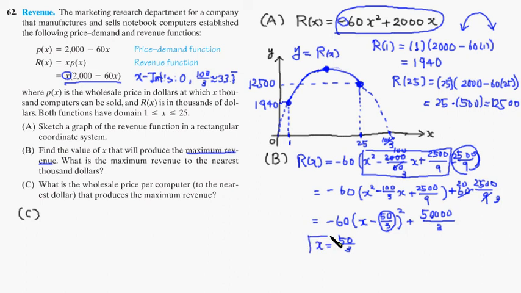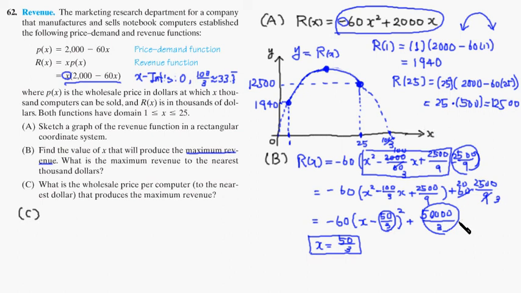Right? And the second part of part B is, what is the maximum revenue? So the maximum revenue would be this guy right here, the y-coordinate of the vertex. So 50,000 over 3 would be approximately 16,667.